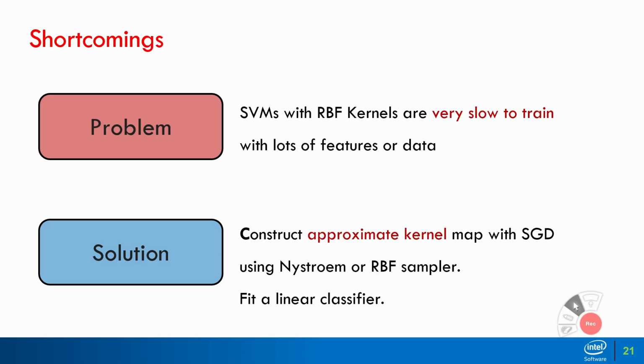In practice, we take approximate approaches to kernel mappings using sampling to reduce the computational cost. Nystroem or RBF sampler are other popular kernel approximations. We do not mention the details because they are beyond this tutorial.